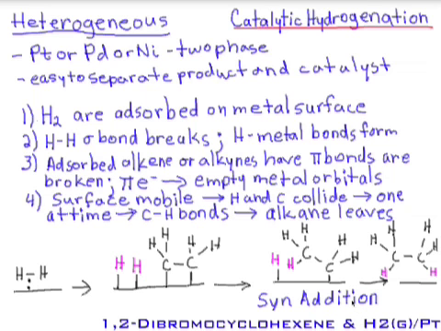So let's look at some examples of this hydrogenation reaction. For example, I can take an alkene like this that has maybe 2 bromines off of it. So 1,2-dibromocyclohexene. I'll put dots to show the carbons. This is a hexene.